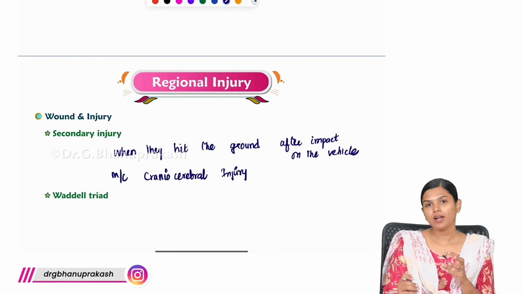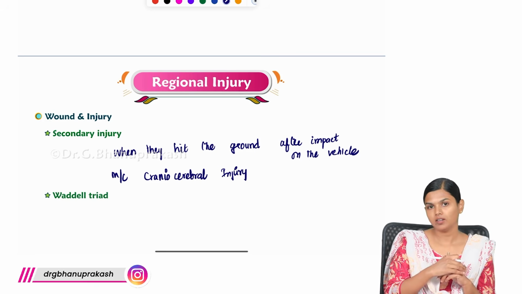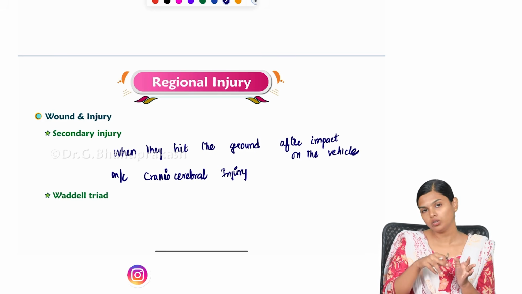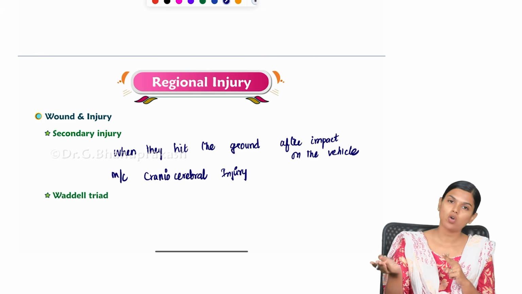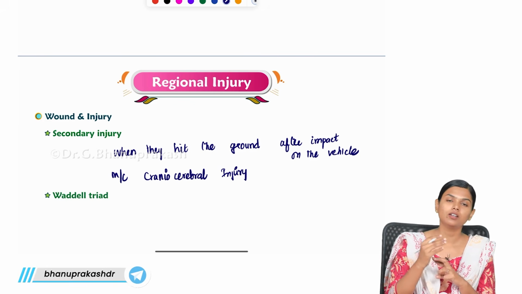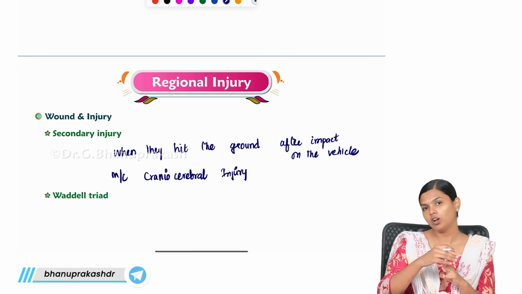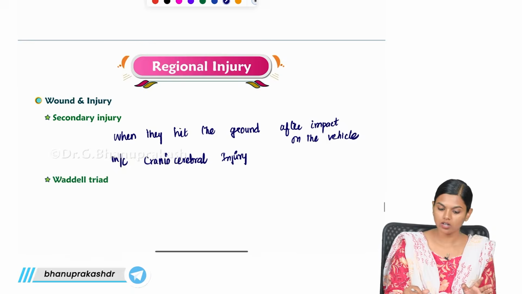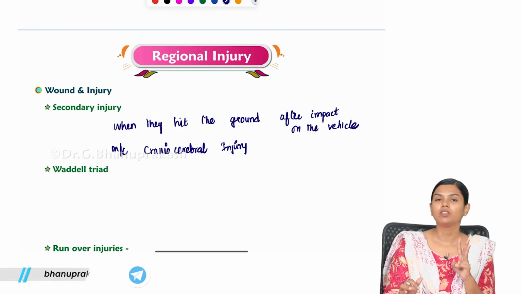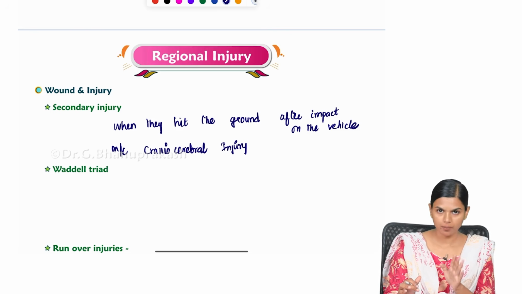So: primary impact, first impact; secondary impact, they fall over the car again and get impacted; secondary injury, they fall to the ground and get craniocerebral injury. These are the three types of injury that you can expect to see in a pedestrian.